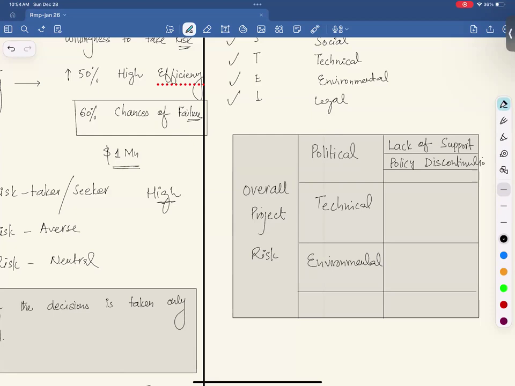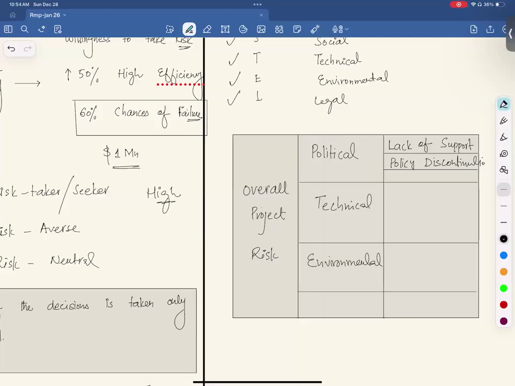How would it help in defining the risk owner? Sir, by distributing, like lack of support may be the responsibility of one department, and policy discontinuation is from the other government department. That's right.